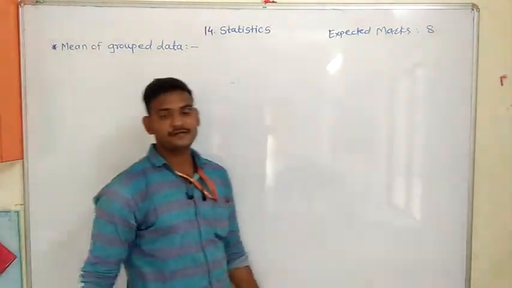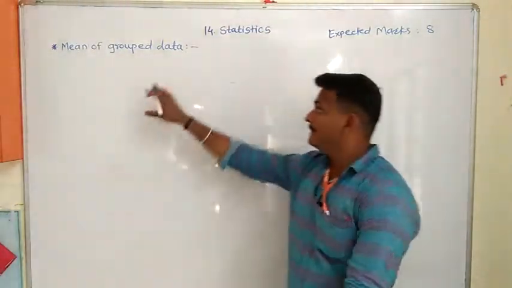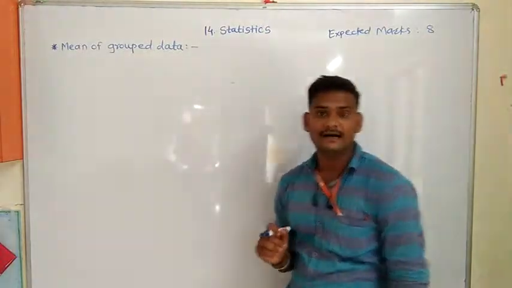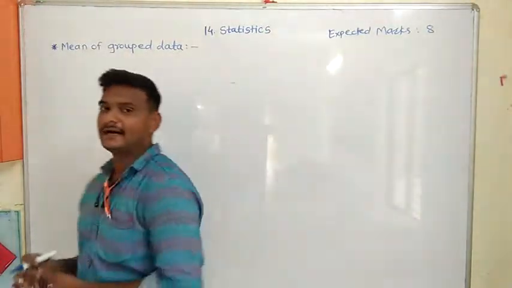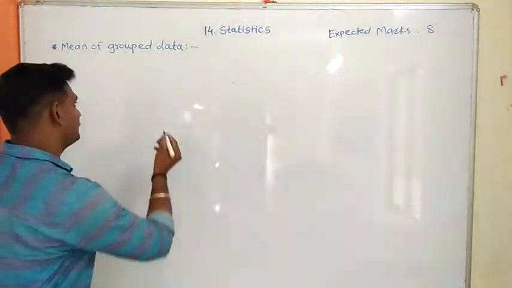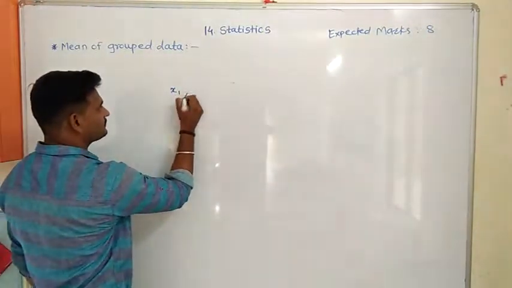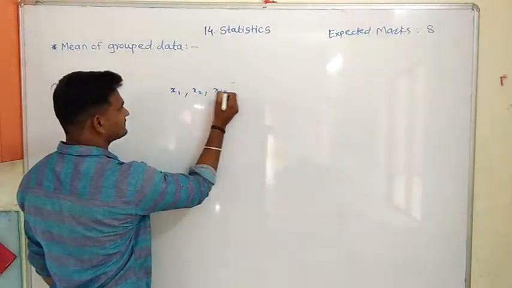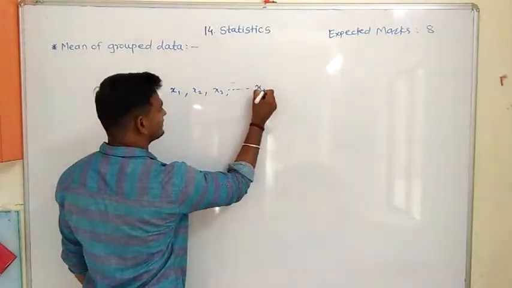In this statistics chapter, the first part is the mean of grouped data. To find the mean of grouped data, first we have to consider the observations. We will assume the observations x1, x2, x3 up to xn.